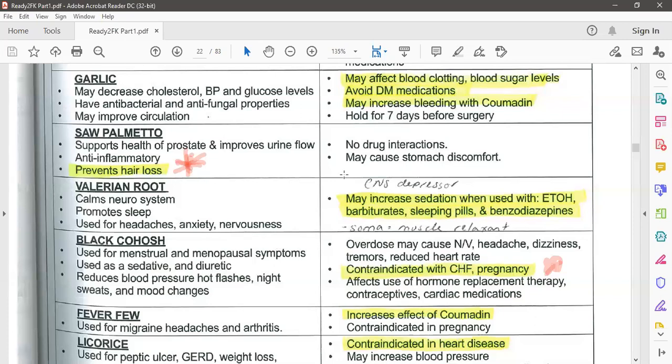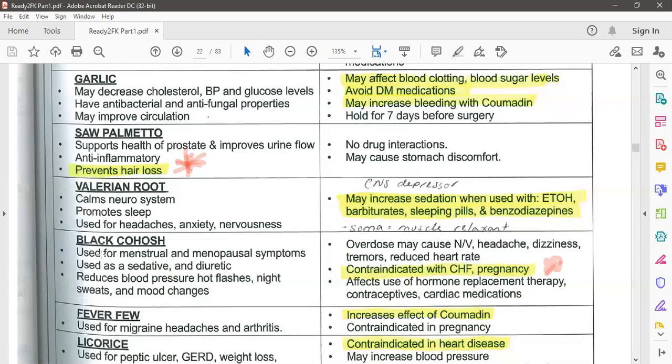Valerian root may increase the sedation when used with ethyl alcohol. So Valerian root and ethyl alcohol not to give together, or not to give with barbiturate or benzodiazepine, or sleeping disorder medication, because they cause drowsiness, right?